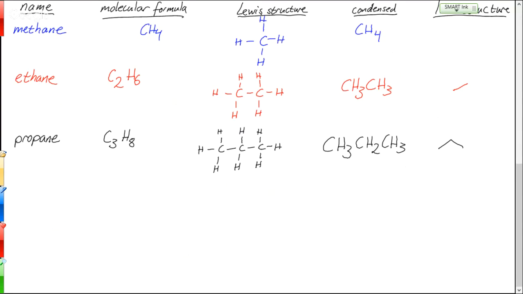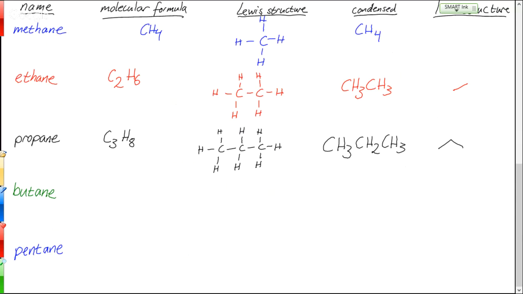All right. So the next 2 on the list are called butane, and pentane. And I want you to try to fill in the rest of this table without getting any more information. Try not to look anything up. I will give you a hint.